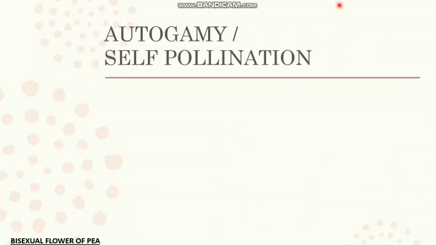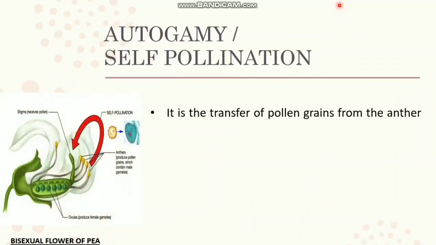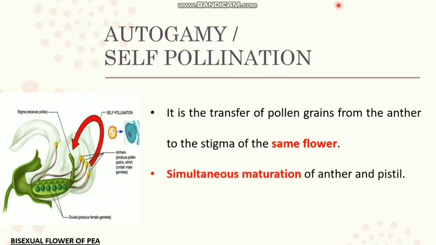First we'll study what the requirements for self-pollination are. The first very important thing is that the flower must be bisexual. Then only is self-pollination possible. Second, there must be synchrony between the release of pollen and receptivity of the stigma. And this is achieved when both stamen and pistil attain maturity at the same time.